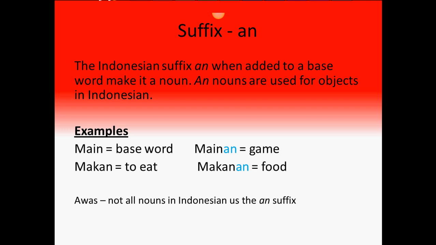Next one, makan is to eat. When we add an to the end of that, makanan, it's the food, the thing. And again with the warning, not all nouns in Indonesian use the an suffix, just a general rule, but if you see an on the back of an Indonesian base word, it's usually going to be an object, a noun.